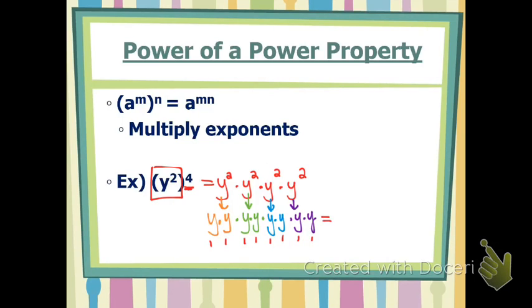So y multiplied by itself 8 times is y to the 8th by just the definition of exponents. And rather than writing all of that out, we can go back to this rule where we multiply the exponents. So y squared to the 4th would be y to the 2 times 4, or y to the 8th.